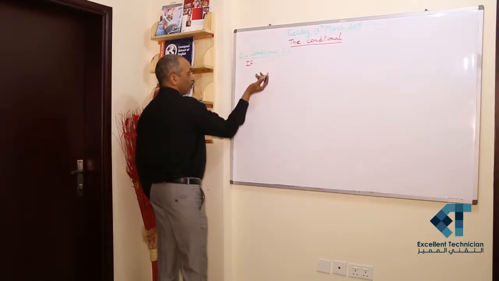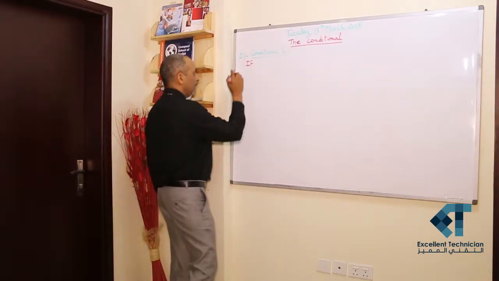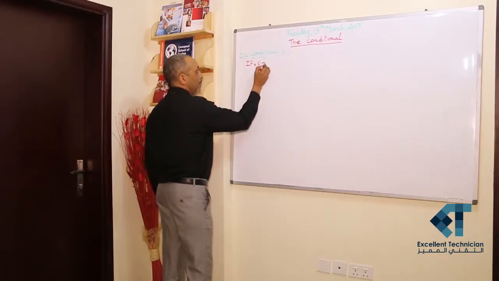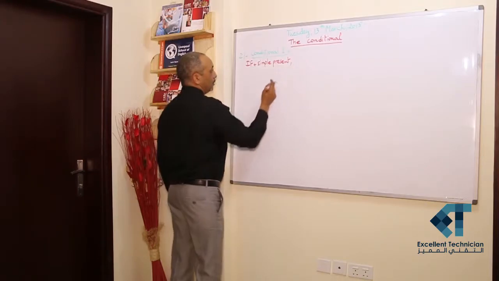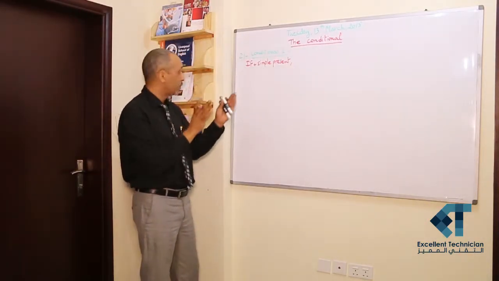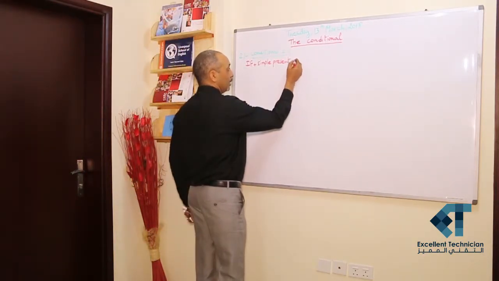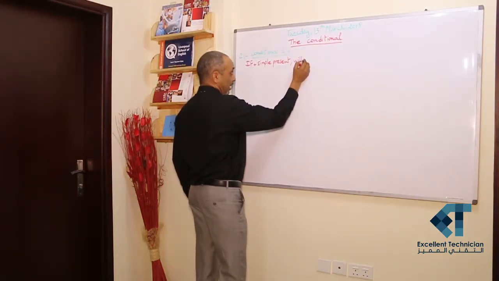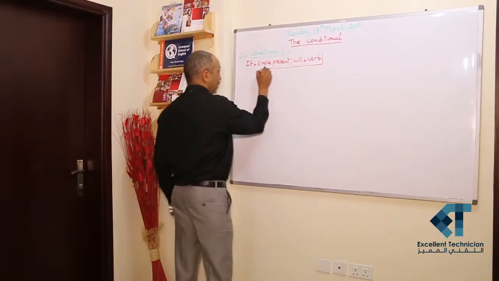We use if, which implies the idea of a condition. If plus simple present. This is the first clause of the sentence, because we have two clauses. The first clause, if plus simple present. The second clause is the future, using will plus verb. This is the first construction.